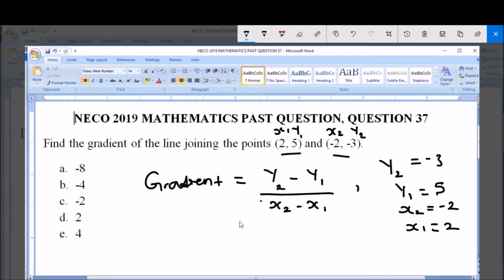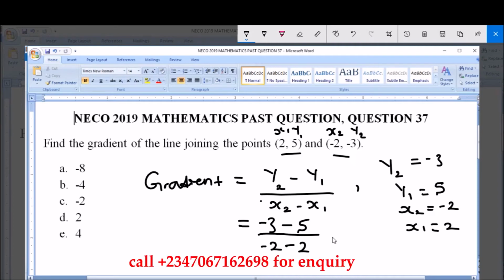So from this we have that the gradient is equal to y2, which is -3, minus y1, which is 5, all over x2, which is -2, minus x1, which is 2.